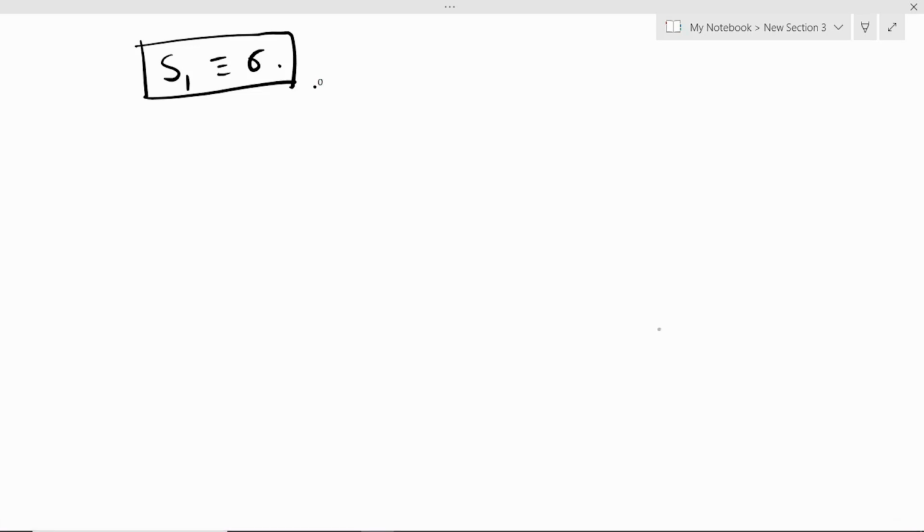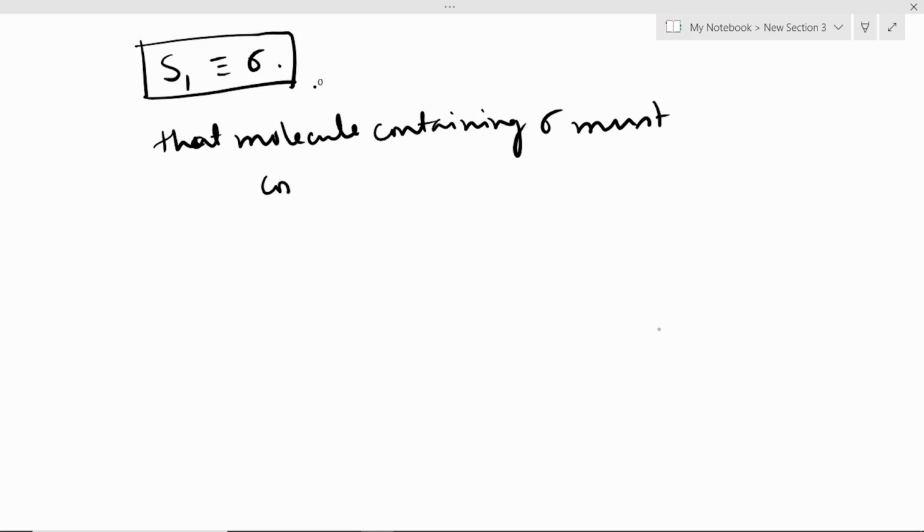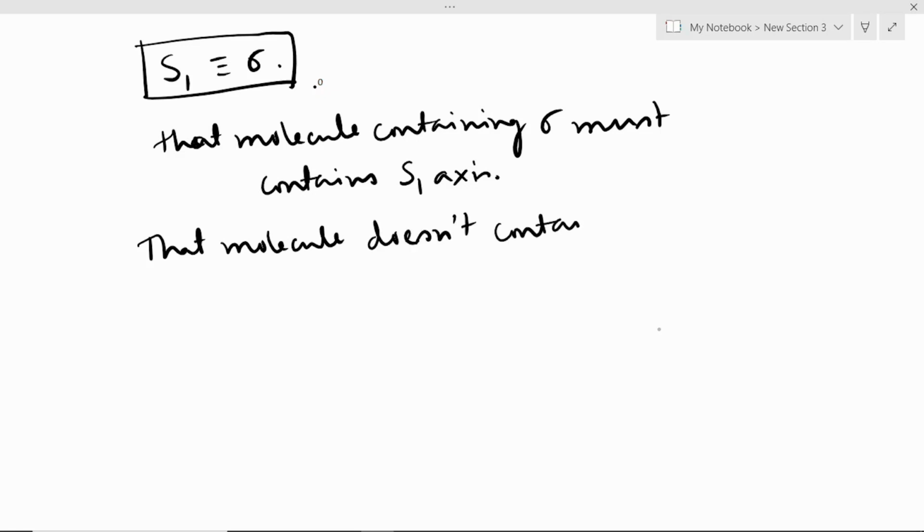So S1 is sigma means that a molecule containing sigma must contain S1 axis, and that a molecule that doesn't contain sigma must not contain S1 axis.